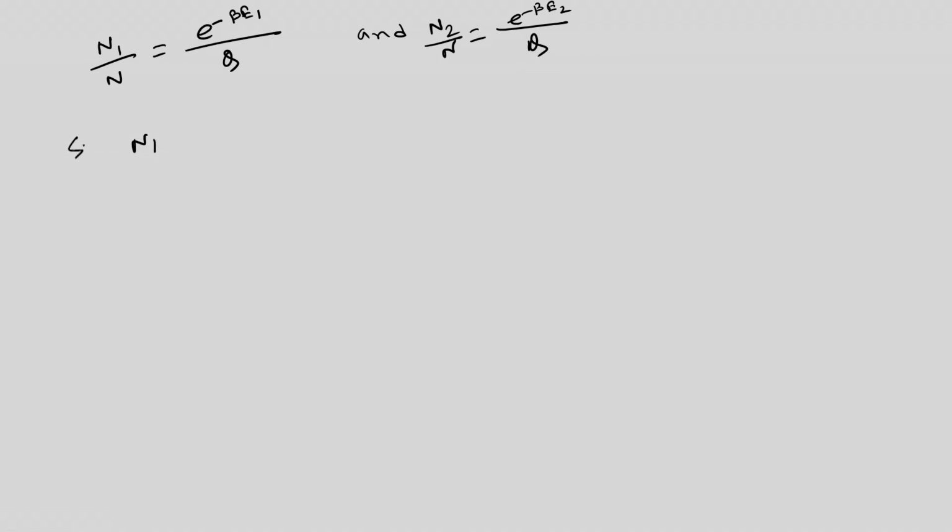So, N1 by N2 is e to the minus beta (E1 minus E2).